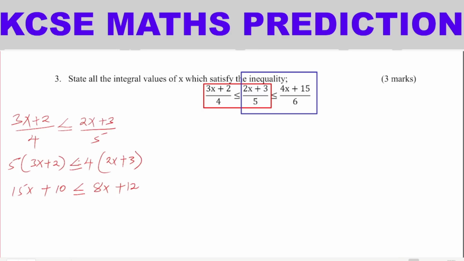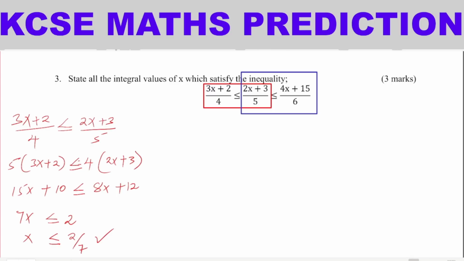Take 8x to the left hand side, and you'll have 15x subtract 8x, that will give 7x, less than or equal to. Take positive 10 to the right hand side, and you get 12 minus 10, and this one will give you 2. So x will be less than or equal to 2 over 7. So that is the first one that you get.